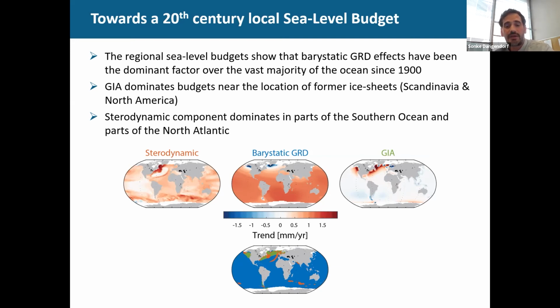And the stereodynamic component is dominant in some parts of the Southern Ocean and a few parts of the North Atlantic. That also makes sense, because if we look at the barystatic sea level change signal, because of the vicinity to these major melt sources, 20th century sea level change due to mass loss of glaciers and ice sheets has been relatively minor in Northern Europe and North America.